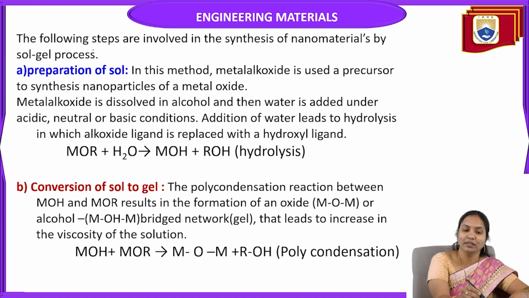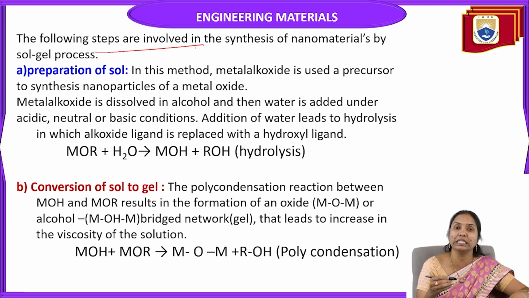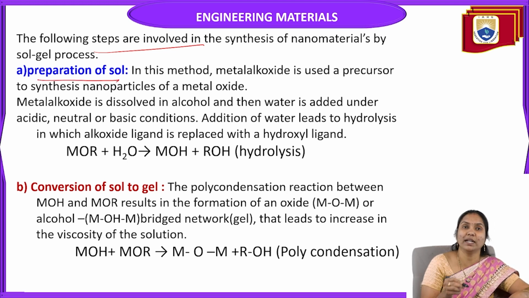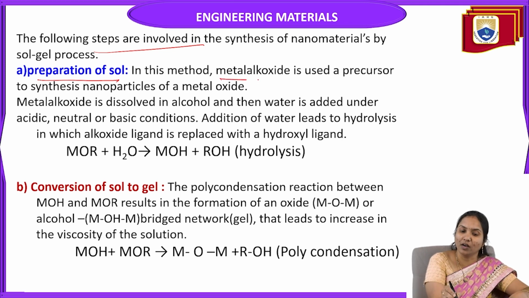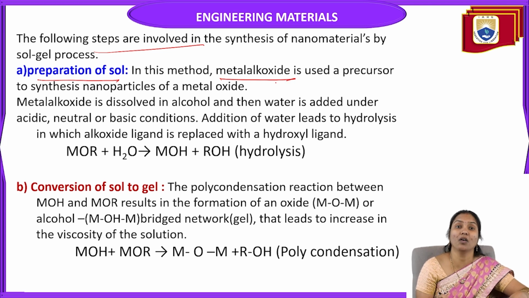So here the following steps are involved in the synthesis of nanomaterials by the sol-gel process. What is step one? Preparation of sol. In this method, metal alkoxide is used as a precursor.